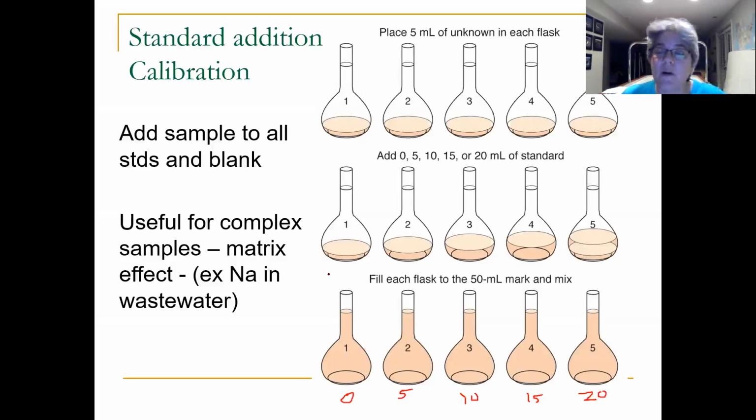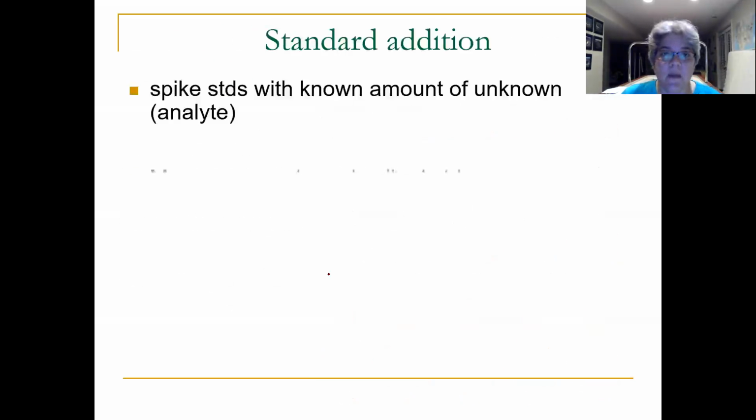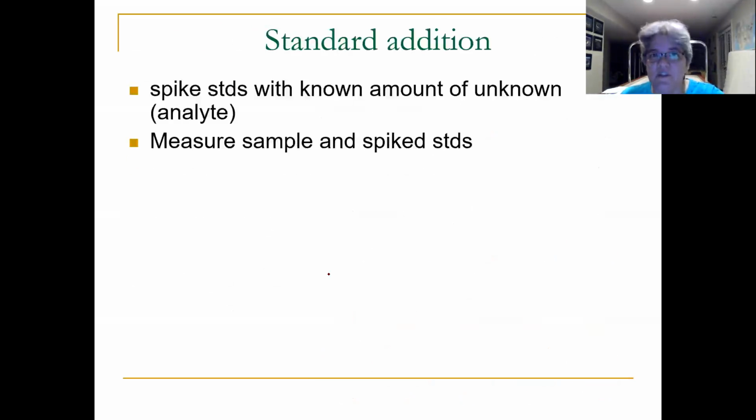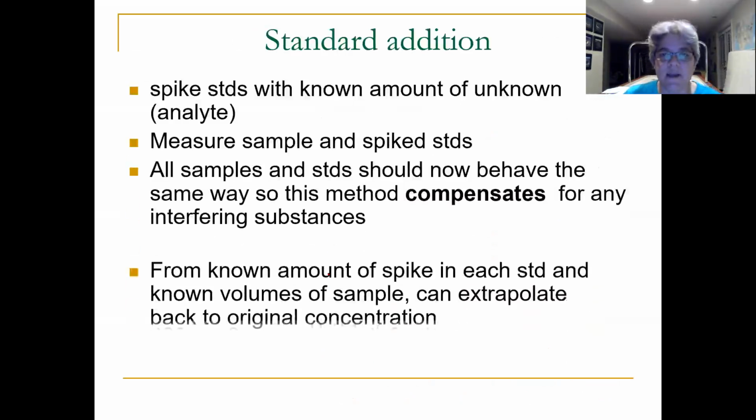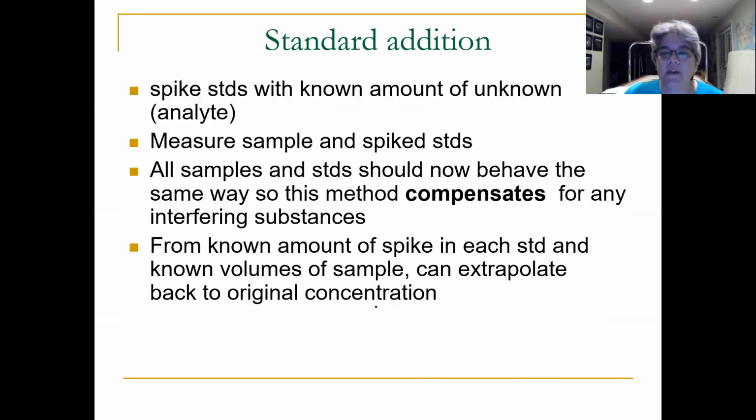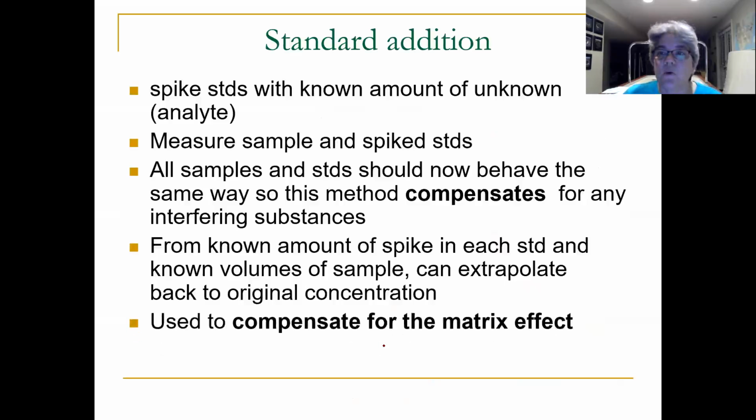The matrix affects the blank, and it affects my standards in the same way that it affects my sample. So this is just the procedure. We spike the unknown into all of the standards and the blank, and by doing that, we compensate for the interferences, and so we can compensate for this matrix effect.